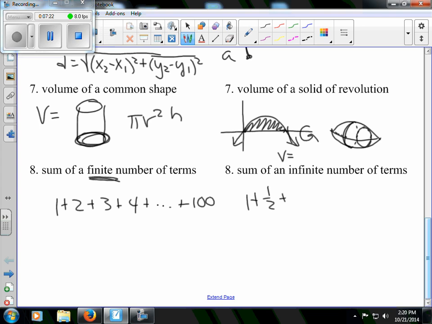Let's say 1 plus a half plus a fourth plus an eighth forever. And it turns out that those infinitely many numbers will add up to one specific number, and you'll find out what that number is. But again, this is a Calc 2 topic, and we won't do that in this course specifically, but it is a calculus idea. Okay.